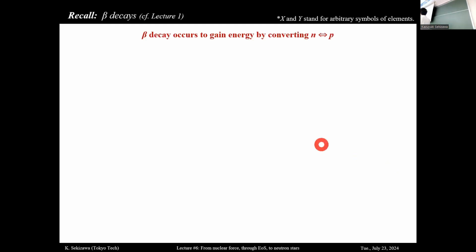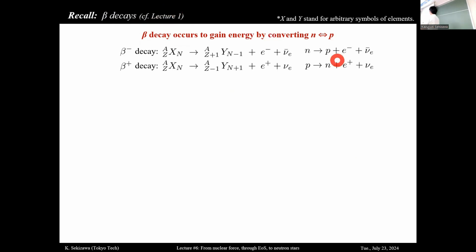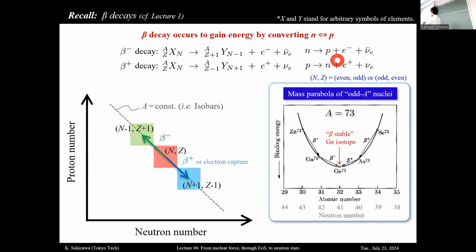I will explain this here. I just remind you about beta decay. I took this slide from lecture 1. What I mentioned here is the mass parabola.